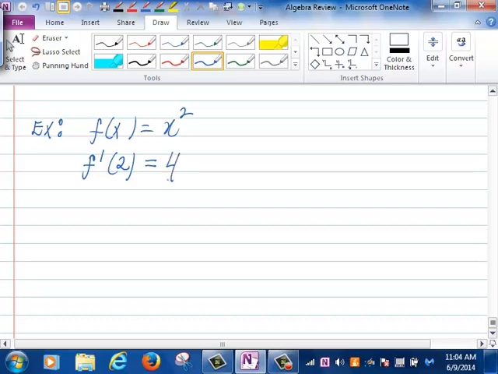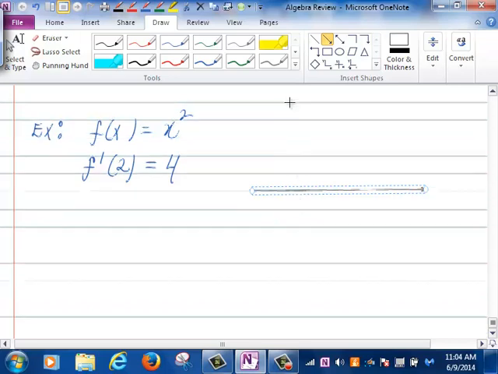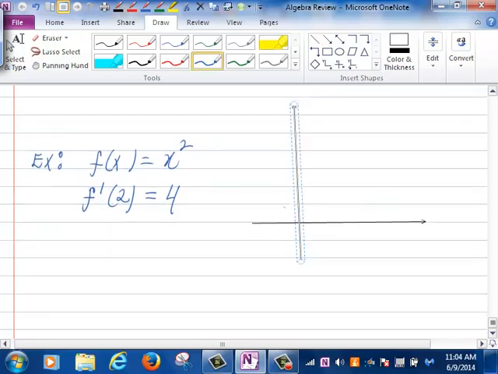So we know that the graph of x squared is a parabola, and on that parabola you have the point 2 and 4. Let's say this point here is the point 2 and 4.